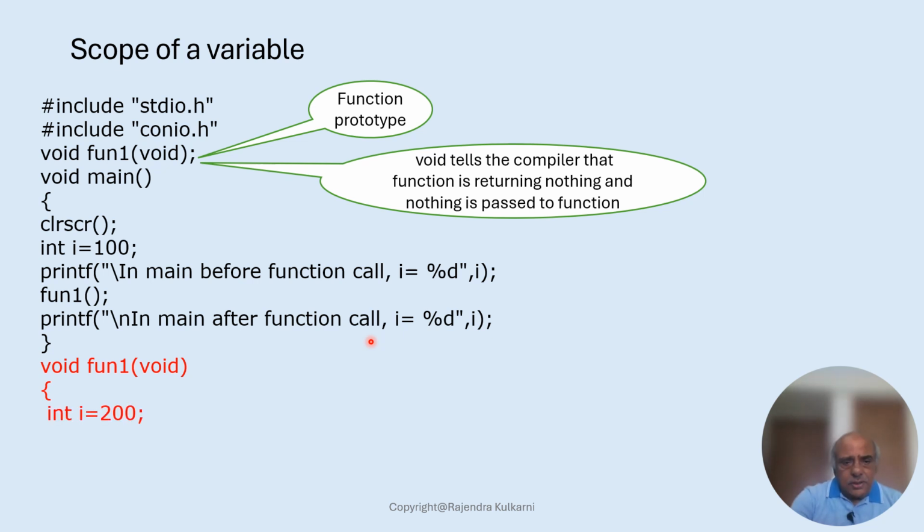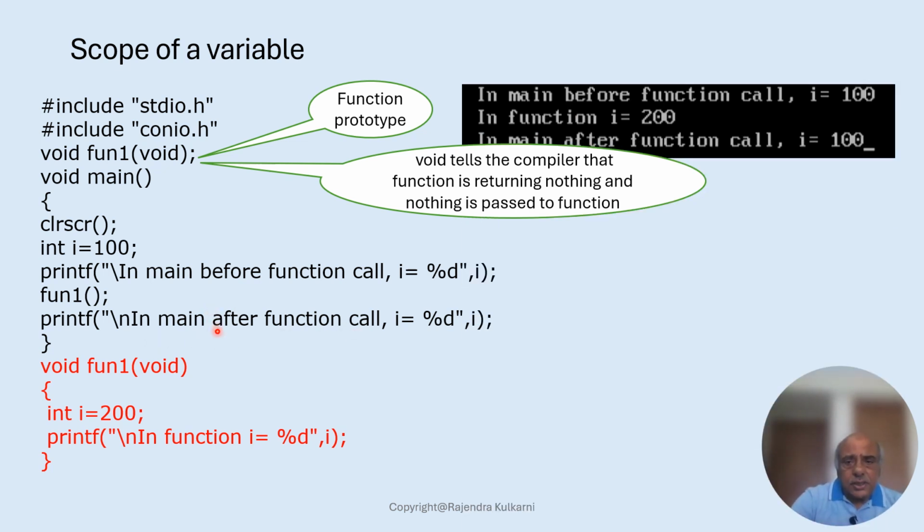What this function does is it just assigns the value of 200 to int i, and one simple printf statement displays the value of i in fun1. Then the function goes back, the program control goes back to the main, and there is another printf statement which displays the value of i after the function onto the screen.